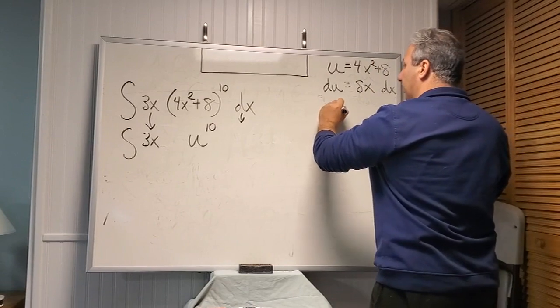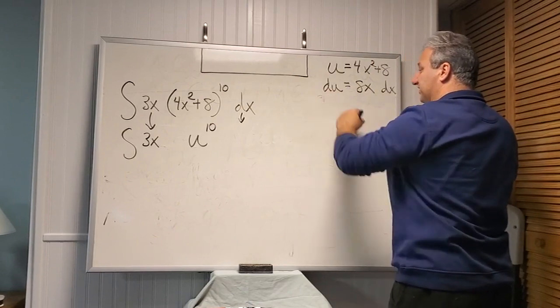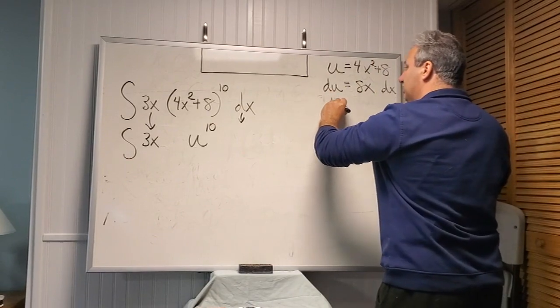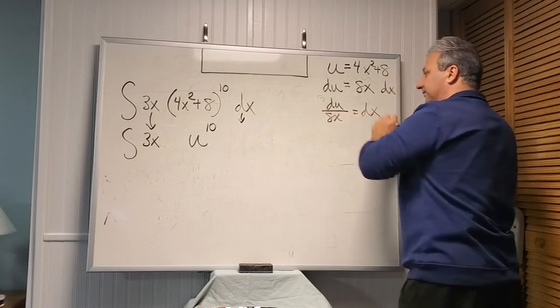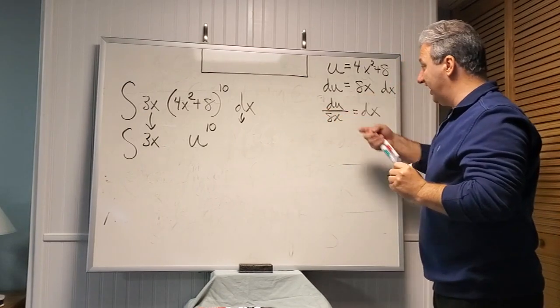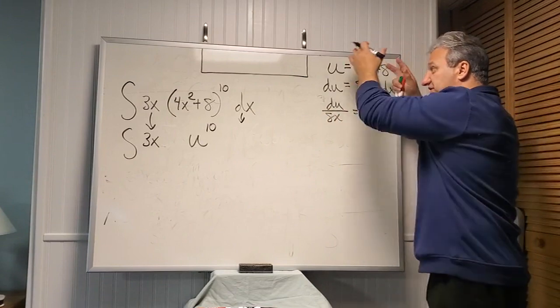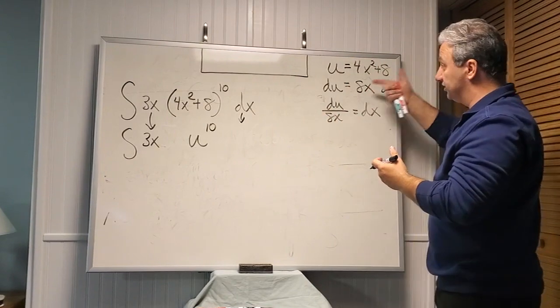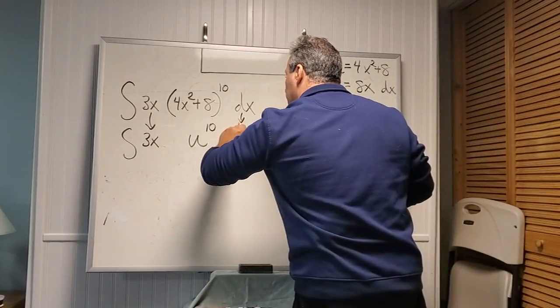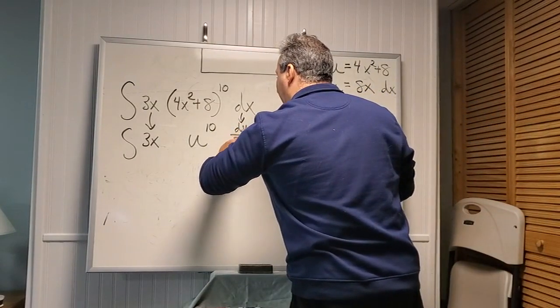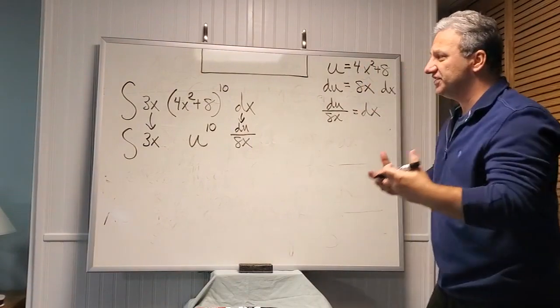All I got to do in my final little algebra is divide this back, and I see that du over 8x is dx. So with these steps of algebra, or really just 2 steps of algebra, I know what dx is equal to: du over 8x.